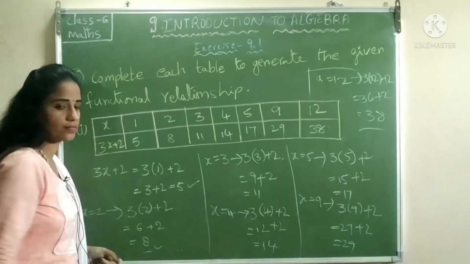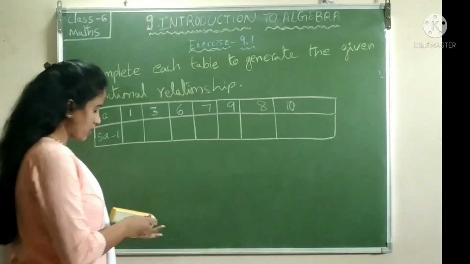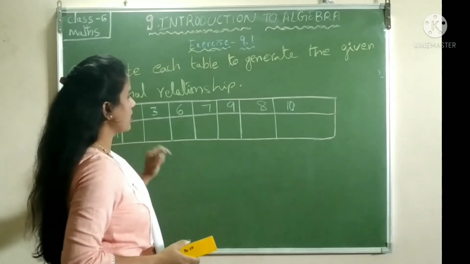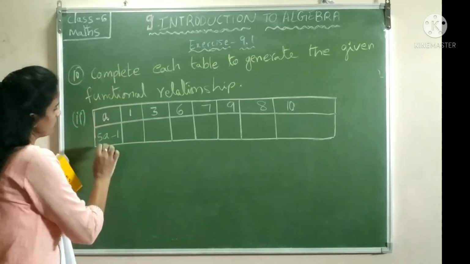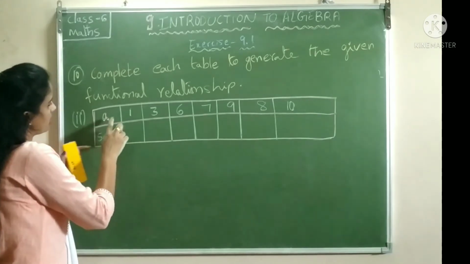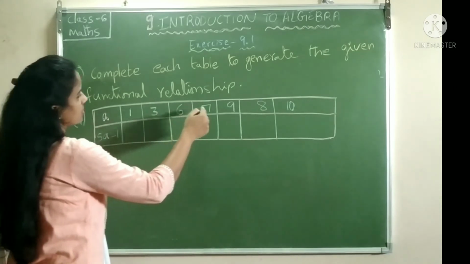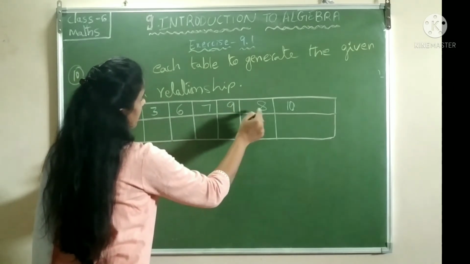Okay, see the second table. Here the variable is a. The function is 5a minus 1, and the a values are 1, 3, 6, 7, 9, 8 and 10.